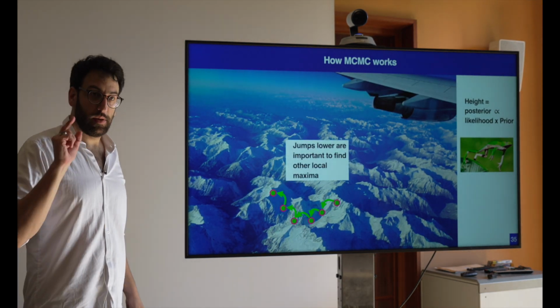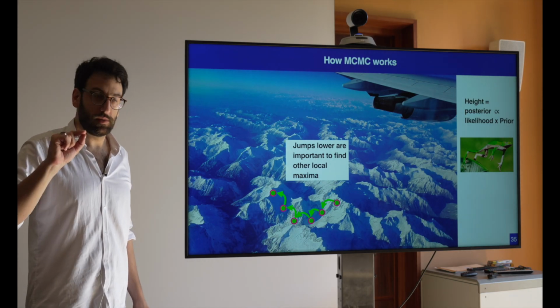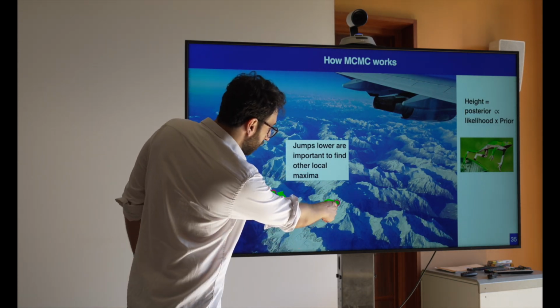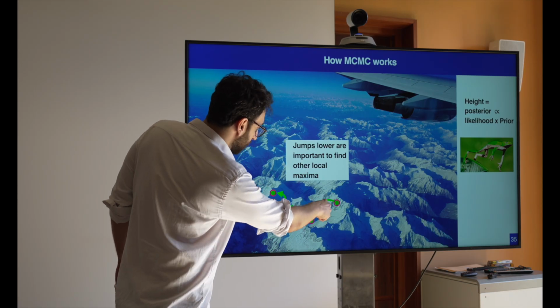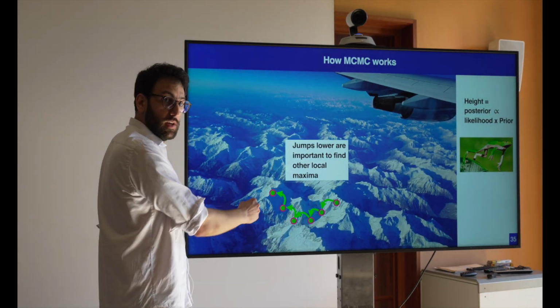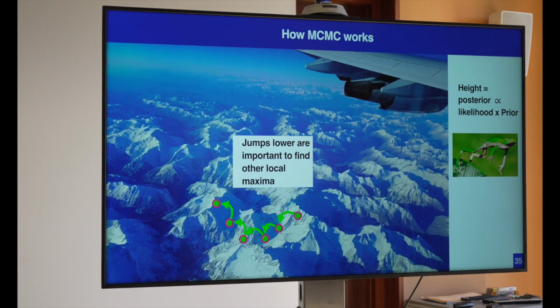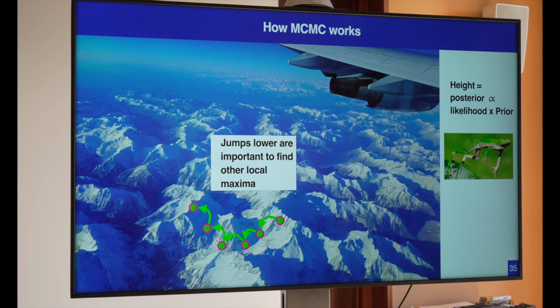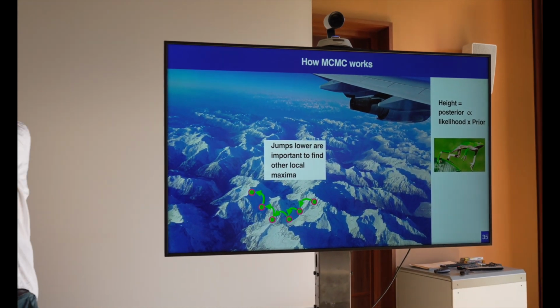And this particular feature is very important, because if you didn't allow going lower, you could never get from there to another region of high probability. It's a little bit like in quantum physics with the tunnel effect. You have a well of potential, but you still want to go through that well of potential.